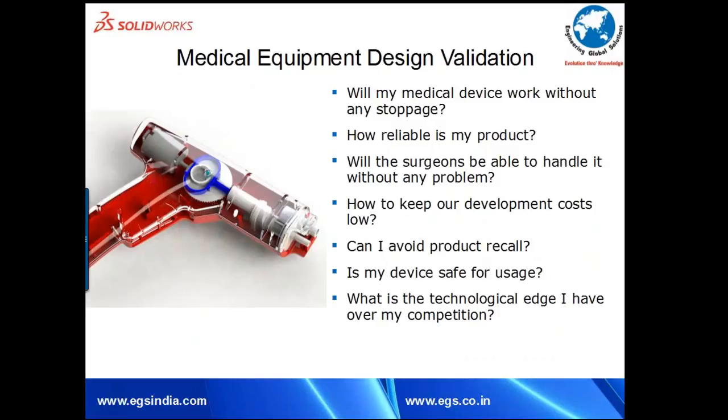Recently, Johnson & Johnson had a recall of implants worth $5 billion worldwide, which also included Indian patients who had received those implants. So what's the big deal about this recall?